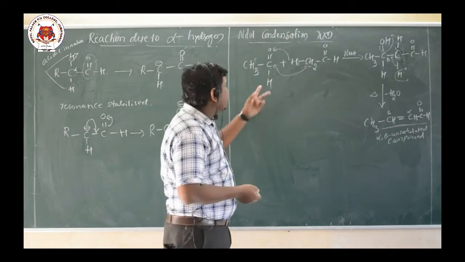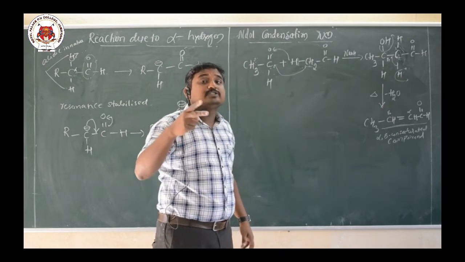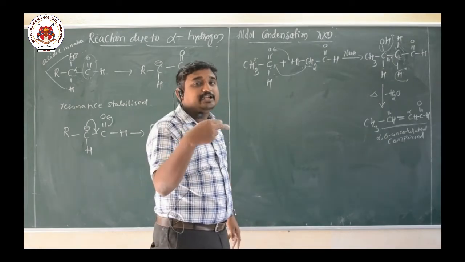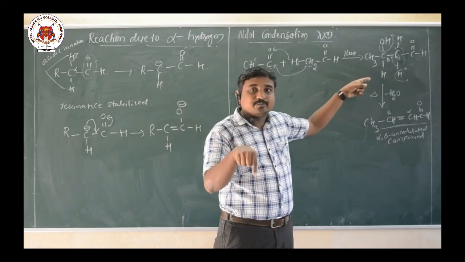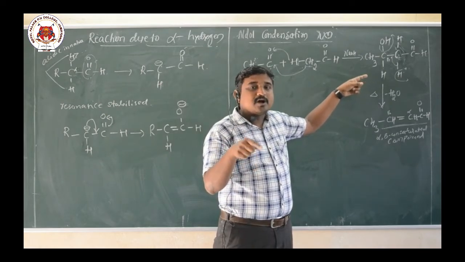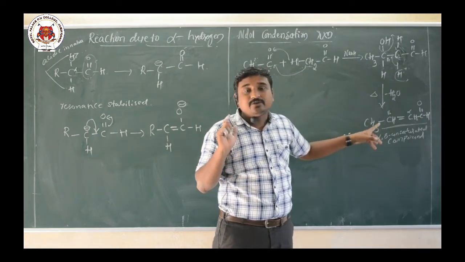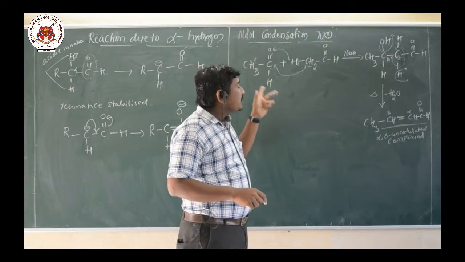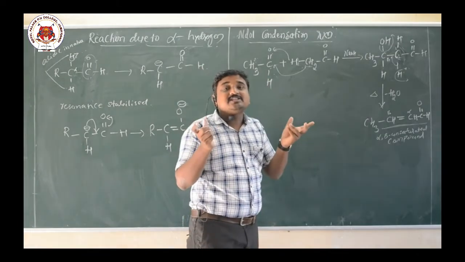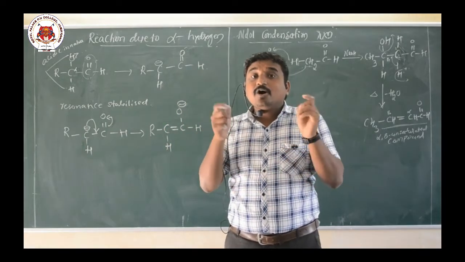So you can take condensation between two same aldehydes or two same ketones. If you take the ketone example, there is a formation of beta hydroxy ketone. After elimination of water, again we will get alpha beta unsaturated ketones.